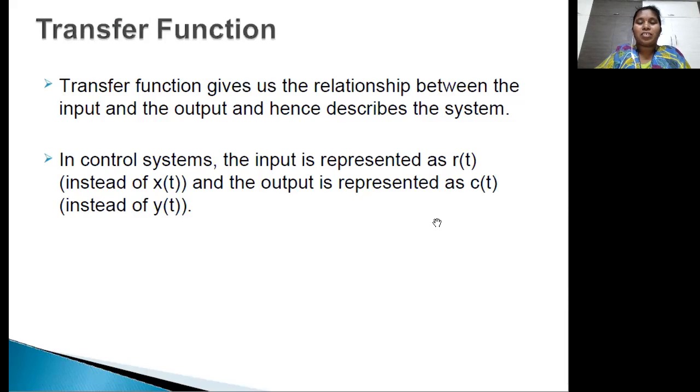So the transfer function is the Laplace transform of C of t divided by the Laplace transform of R of t, that is, the transfer function is equal to C of s by R of s. We represent the Laplace transforms with capital letters, capital C of s by capital R of s. That is our required transfer function.